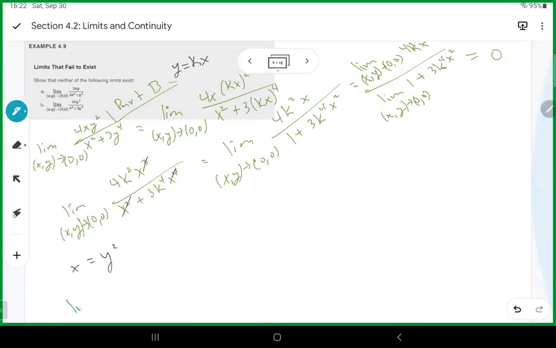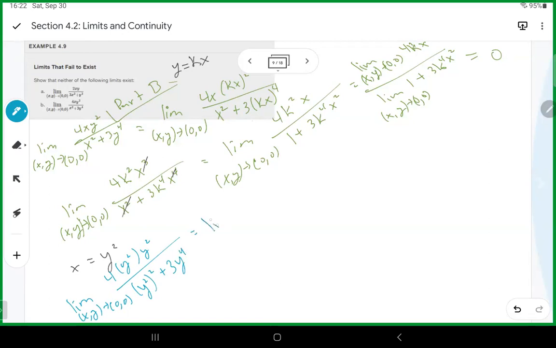We will do the limit, and we would have 4 y squared over y squared squared plus 3 y to the fourth.